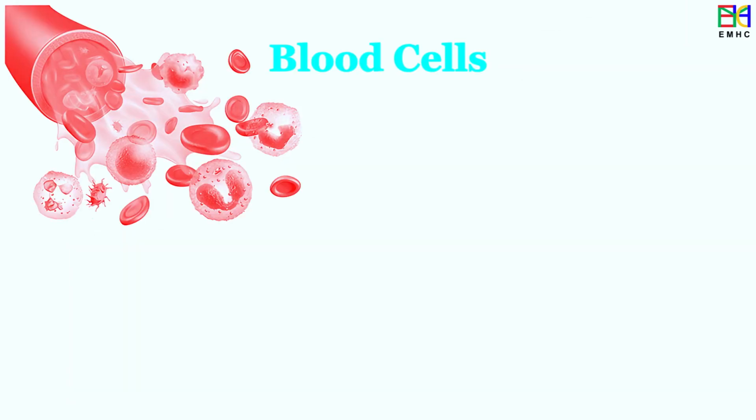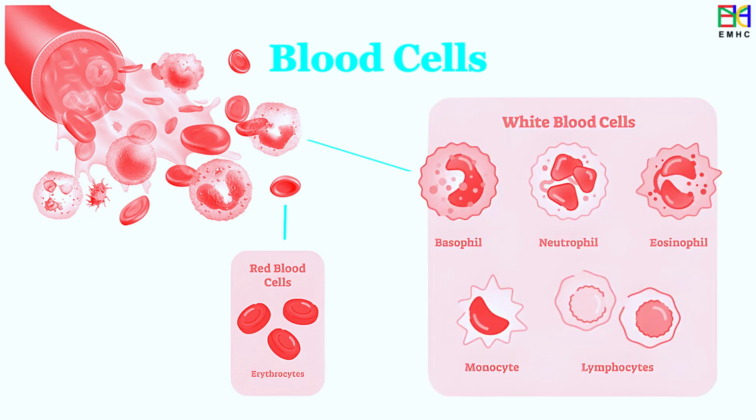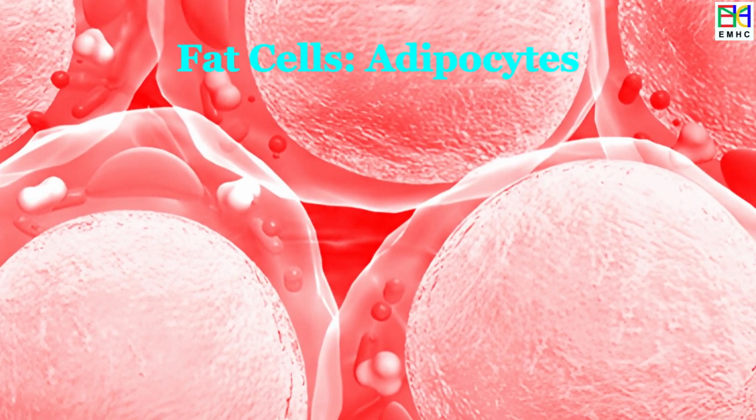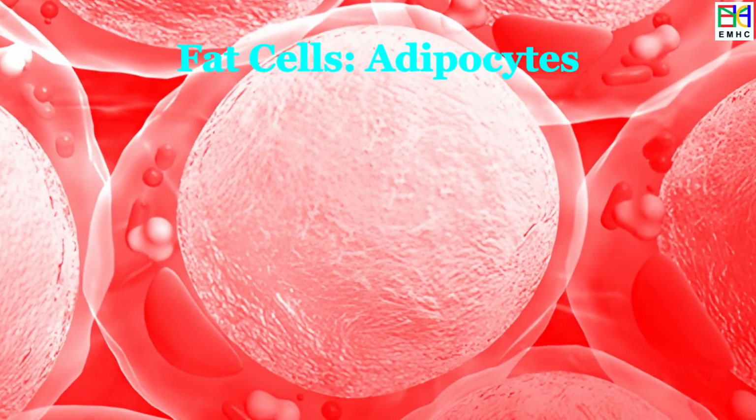Blood cells have many types: red blood cells for carrying oxygen around the body, white blood cells, neutrophils, and basophils as part of the immune system, platelets for helping blood clot to prevent blood loss after injury. Fat cells, also called adipocytes, are the main adipose tissue constituents.